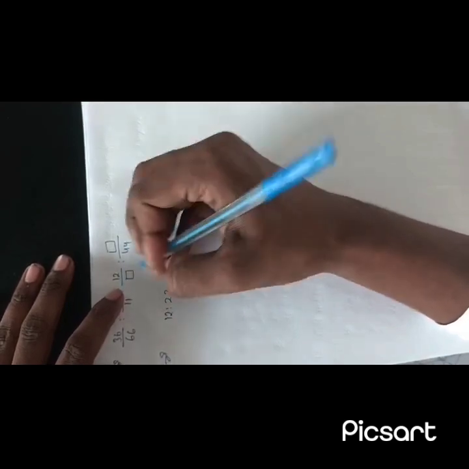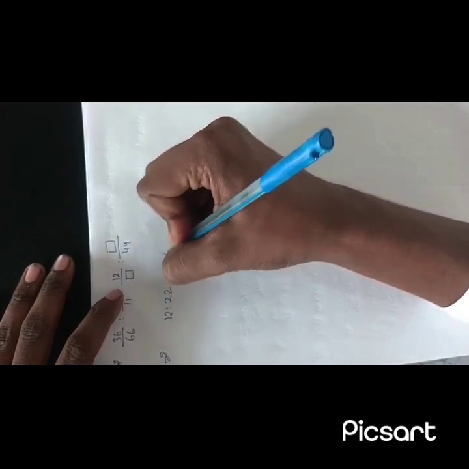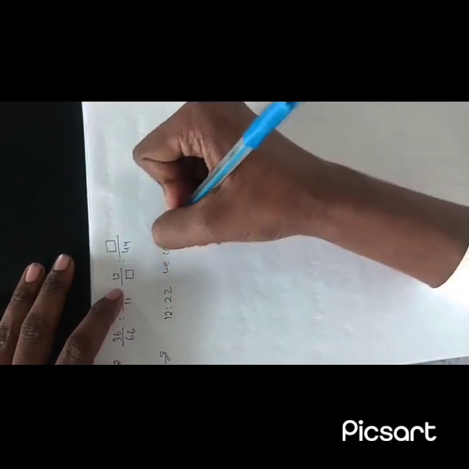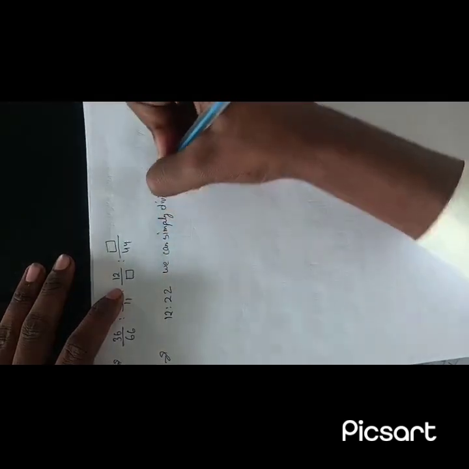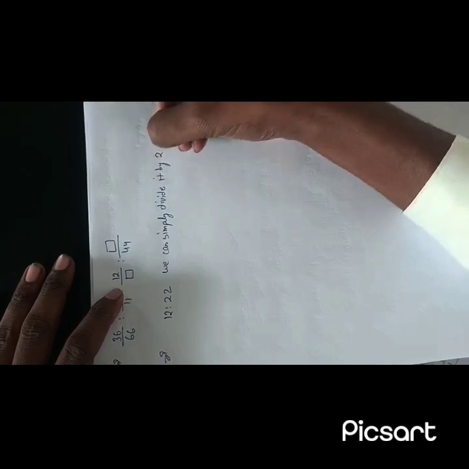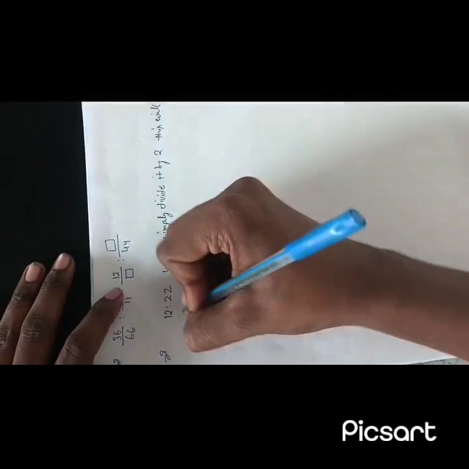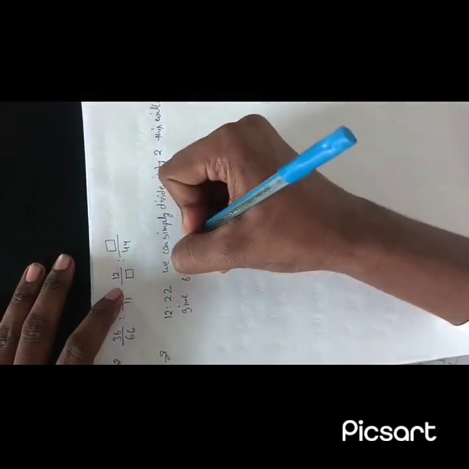If we divide both numbers by 2, this will also give the 6 is to 11 ratio.